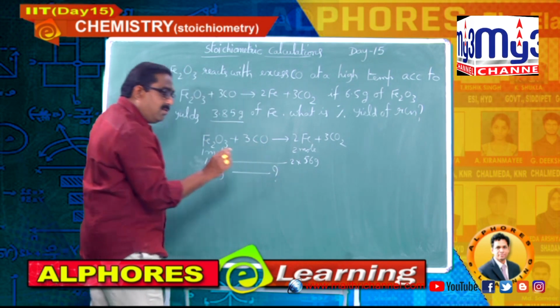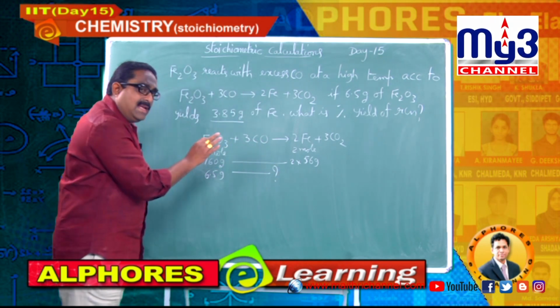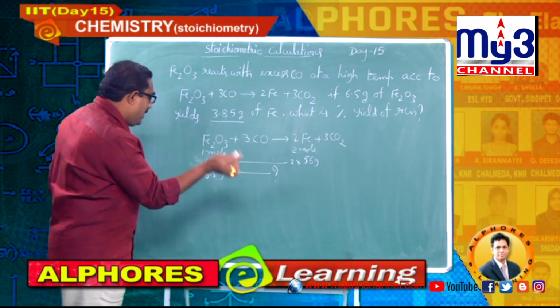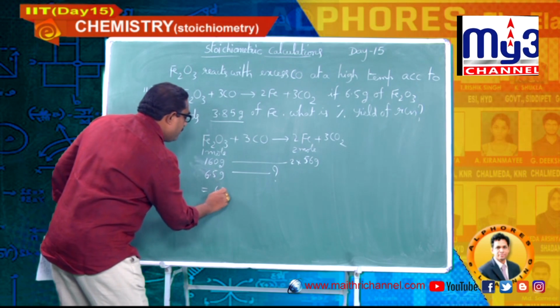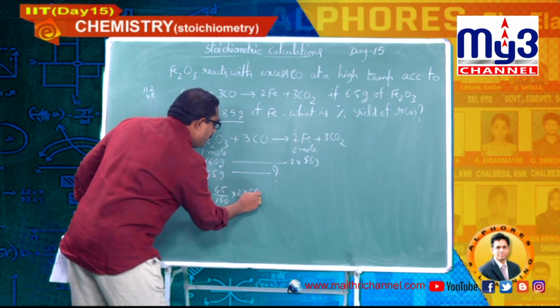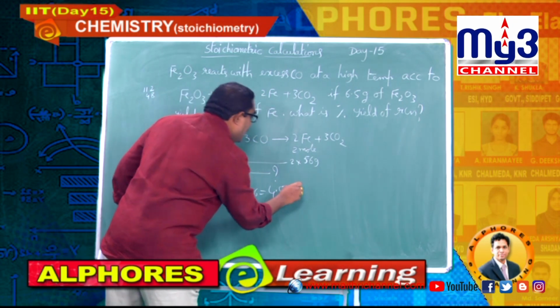So this is the theoretically calculated value based on the given data: 6.5 divided by 160 into 2 into 56. This exactly you will get as 4.55 grams.